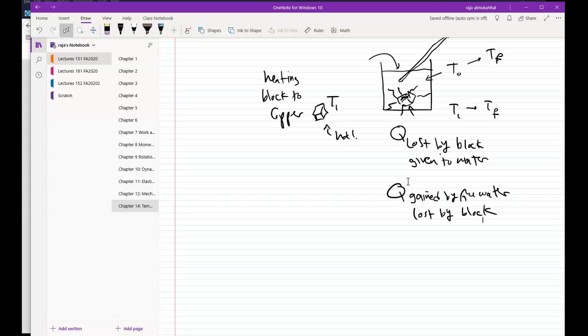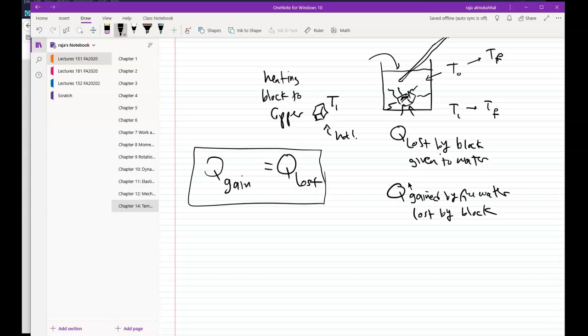So what happened? Now you have $2. You have gained $2, and I have lost $2. In other words, the amount of gain is equal to the amount of loss. That's what's important. So Q gain equals Q lost. This is a very important relation.